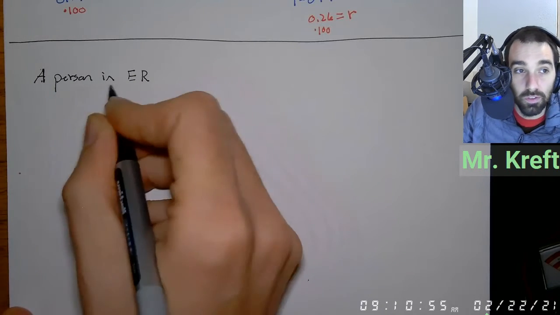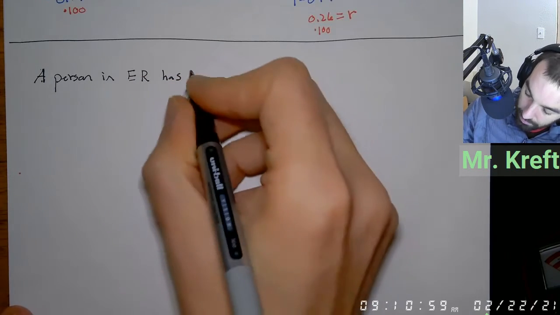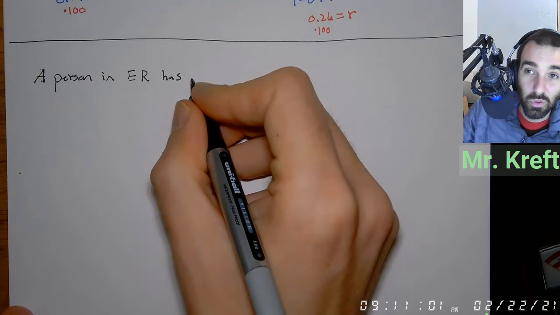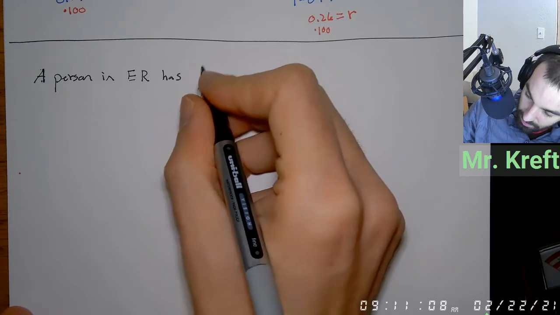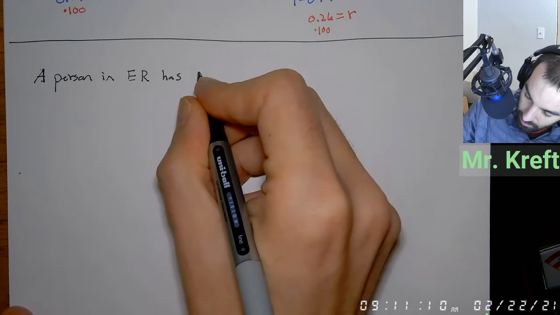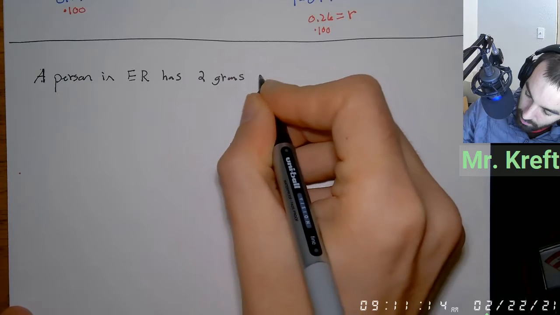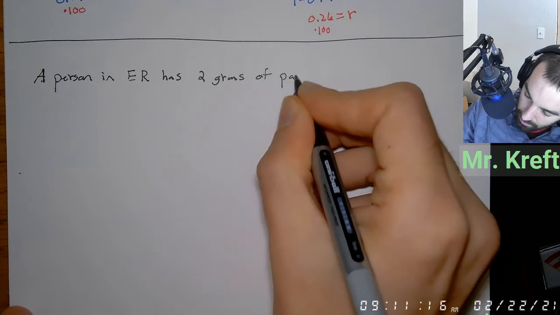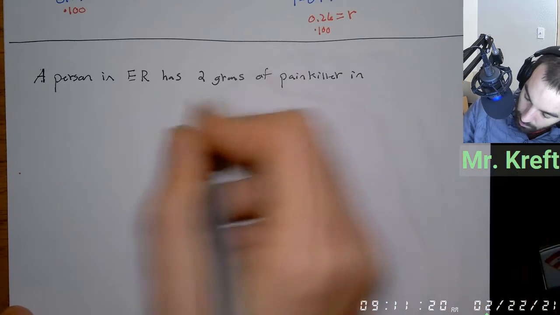So a person in the hospital, so a person in ER has, what's an amount? Let's say grams. Let's say has 2 grams of painkiller in their body.